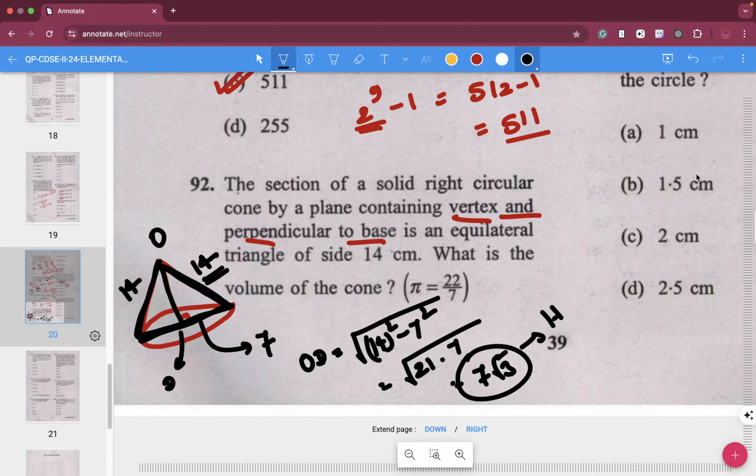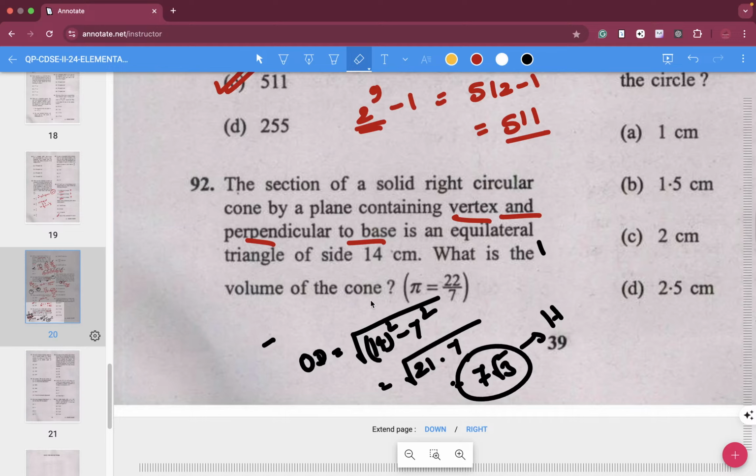Now to find the volume of the cone, it is 1 by 3 pi r square h. The R value is 7.